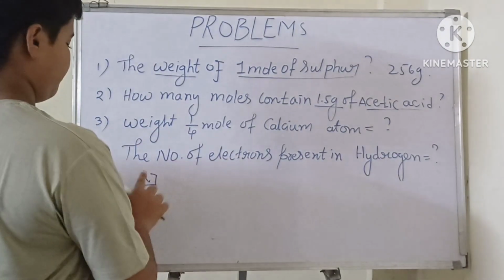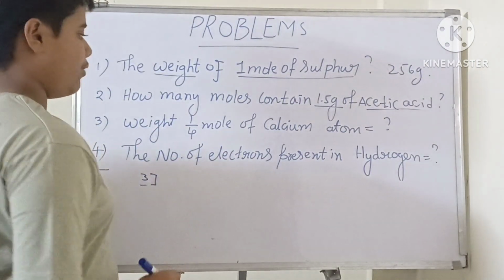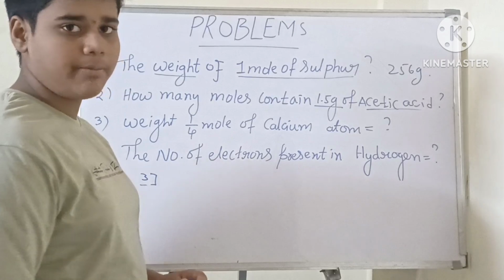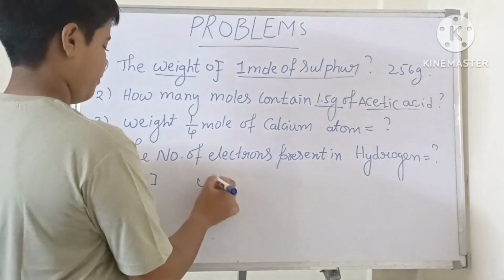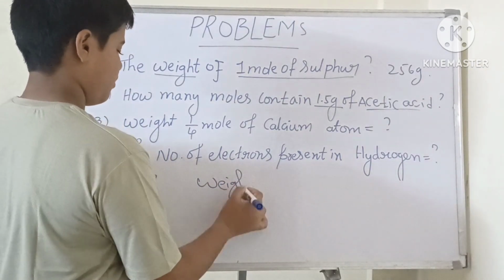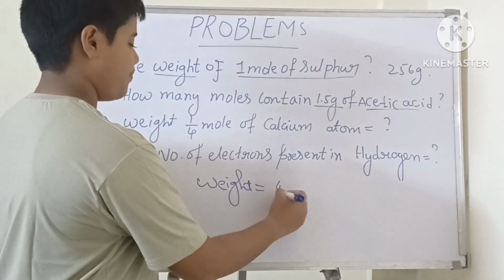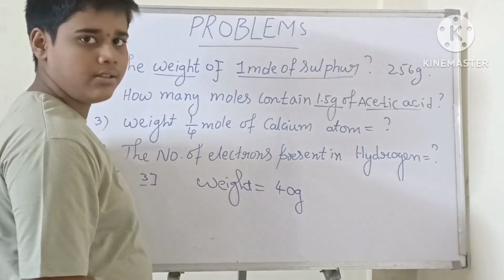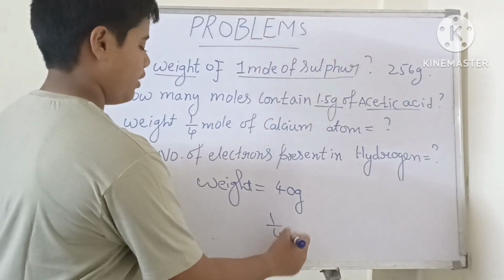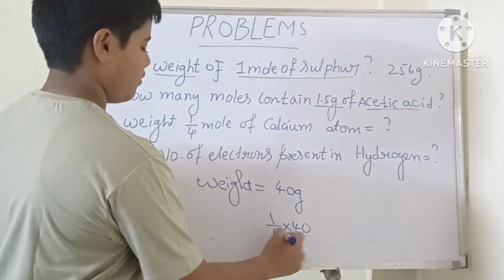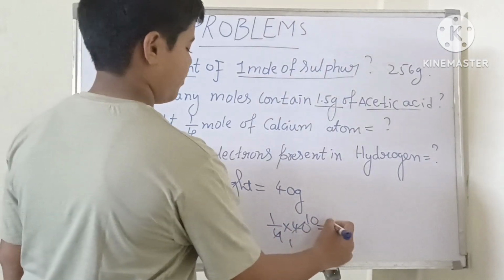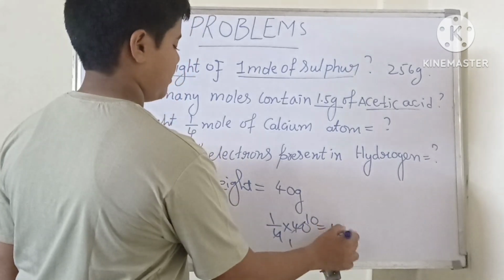Third sum. Weight of 1/4 mole of calcium atom. In 1 mole of calcium, 40 grams will be present. And in 1/4, we have to multiply with 40. So 4 ones are 4, 4 tens are 40. So 10 grams is the answer.